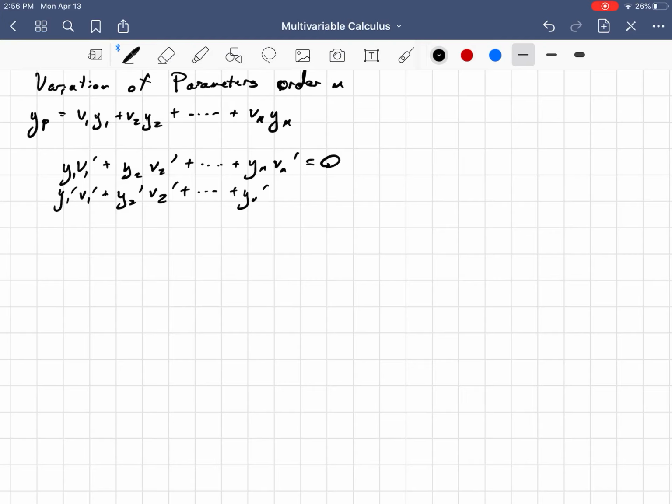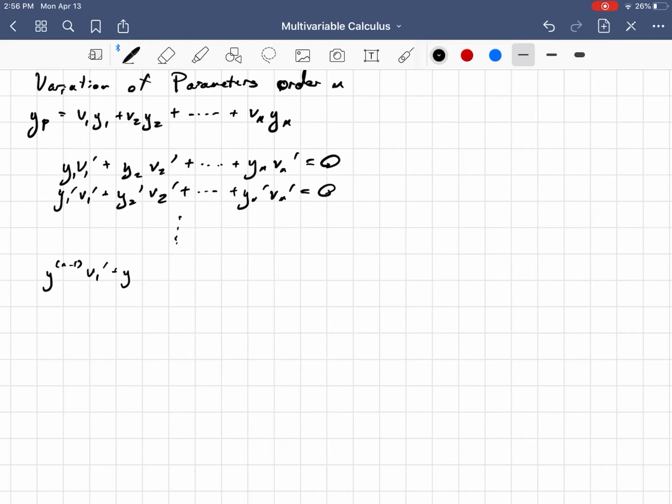That's our first condition to make life easier, and then we say y sub 1 prime, v sub 1 prime plus y sub 2 prime, v sub 2 prime plus dot dot dot plus y sub n prime, v sub n prime. We also assume that to be equal to 0 to make our lives easier. These are all to make our lives easier.